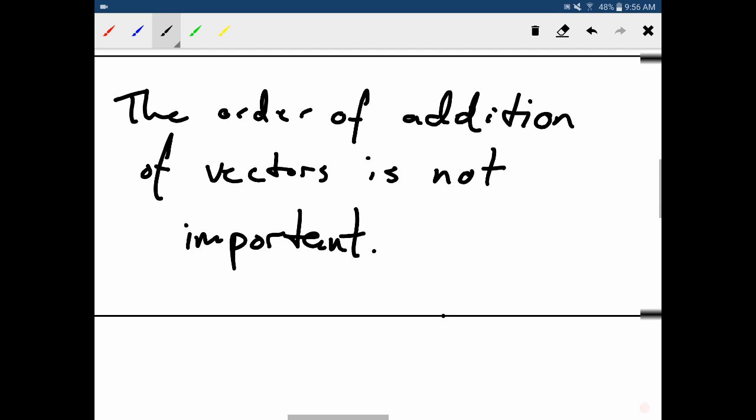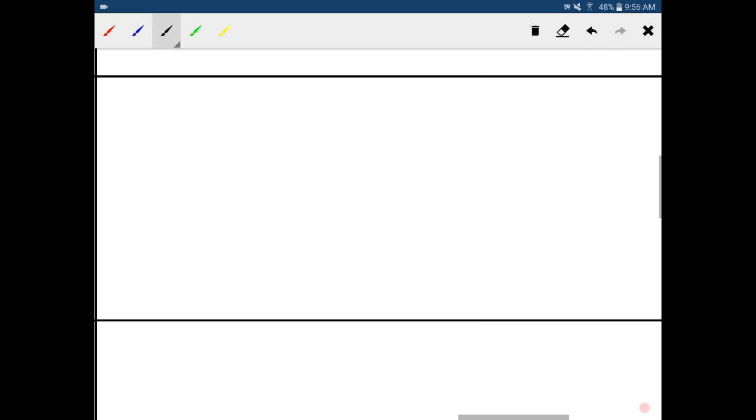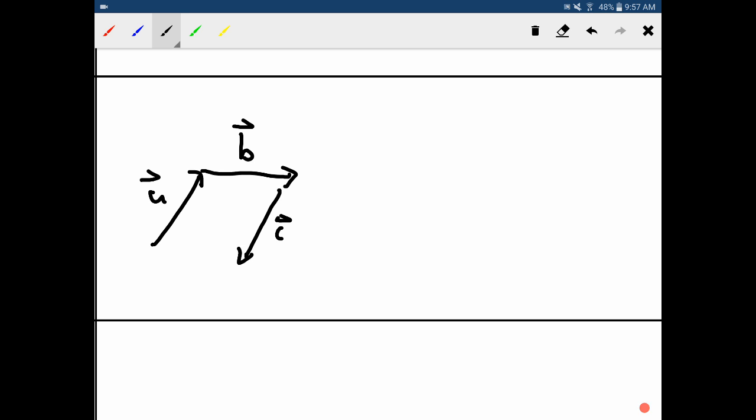All right. So, to illustrate this, let's pop over here. If I were to take, so let's have vector A be like that. That's A. And then we'll have vector B be like this. And then we'll have vector C be like this.